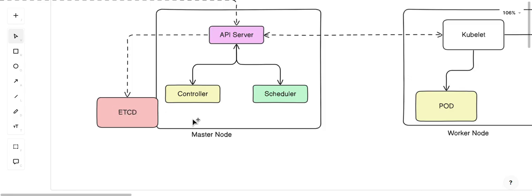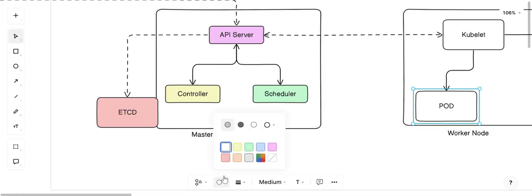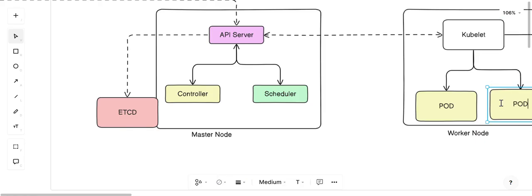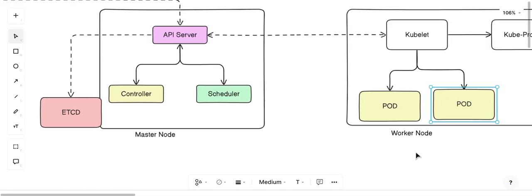But I need to have two pods here, and it is having one pod. So the controller will immediately create another pod here, like this. So that is the job of etcd, controller and scheduler, and everything communicates with the API server only.